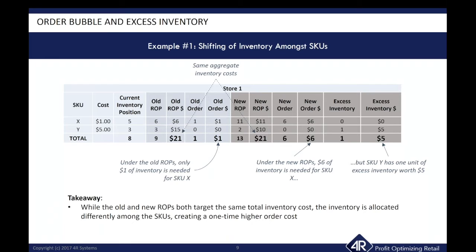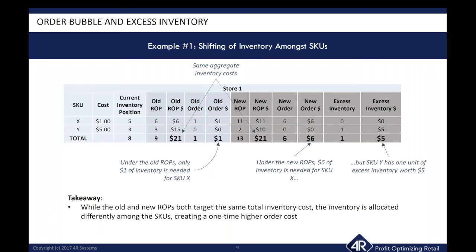Under the previous settings, the order of SKU X was 1, and there were no orders of Y. Under the new reorder points, or under the new system, the reorder point of SKU X went up to 11, and the reorder point of SKU Y went down to 2, resulting in an order of 6 units of SKU X and 1 unit of excess of SKU Y. So a net increase of 5 units on order and $5 in orders and $5 in excess inventory.